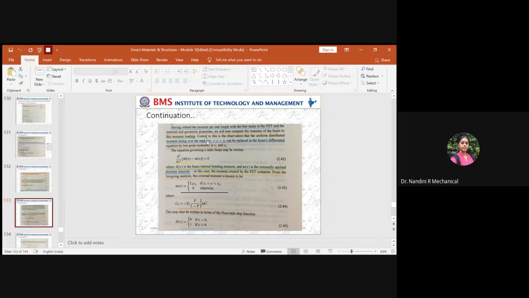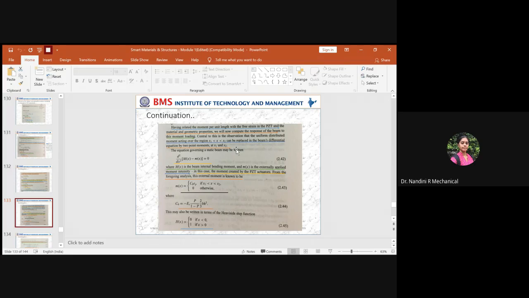Central to this is the observation that the uniform distributed moment acting over the region, the moment acting over the given region of the PZT patch, will vary with two ranges. So X can be less than X2 or greater than X1. This can be replaced in the beam's differential equation by two-point moments, one at X1 and one at X2.